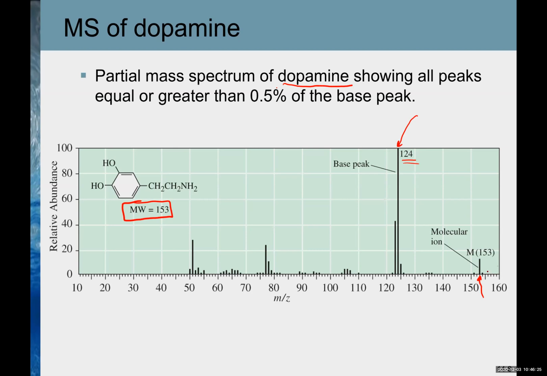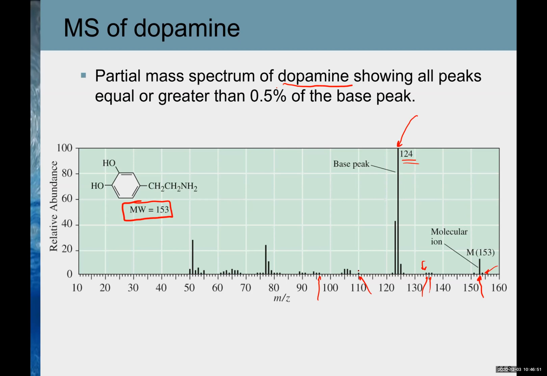Also, you see these tiny peaks here, a bunch of tiny peaks. Like there's one peak here, there's one peak here, right? So it means there is a probability that the molecule is breaking into some obscure fragments, but not very common, very few.